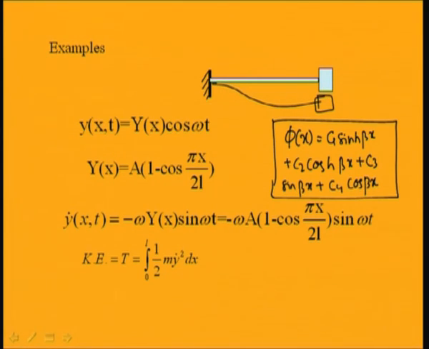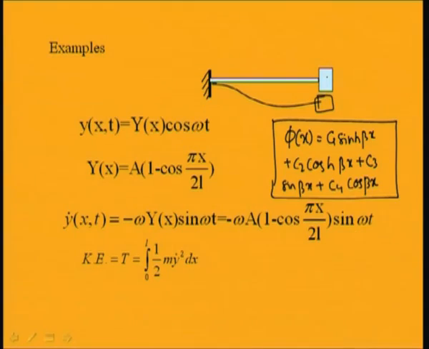In this generalized mode shape, you put the boundary conditions. At the left end, phi x will be equal to 0 and phi dash x will be equal to 0, that is, the displacement equal to 0 and slope equal to 0. At the right end, the bending moment will be equal to 0 and the shear force will be equal to the inertia force of this system.